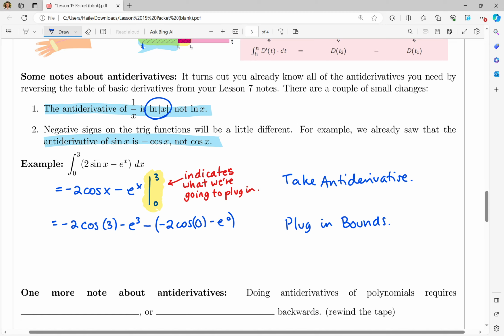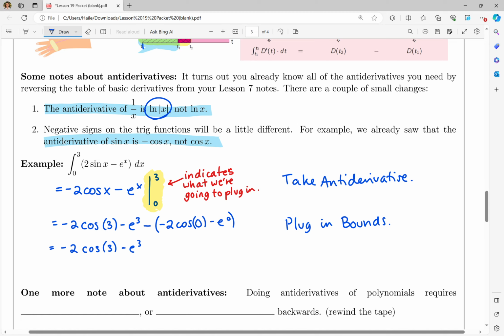And now we're just going to simplify as much as we can. This may not be required on a test, but it's always good to practice because you never know what you may have to do in Calc 2 or whatever. So let's just practice simplifying. I can't simplify cosine of 3, so this is just going to stay negative 2 cosine of 3. I can't simplify e cubed, so that's just going to stay minus e cubed, but I can simplify this other piece of my function.